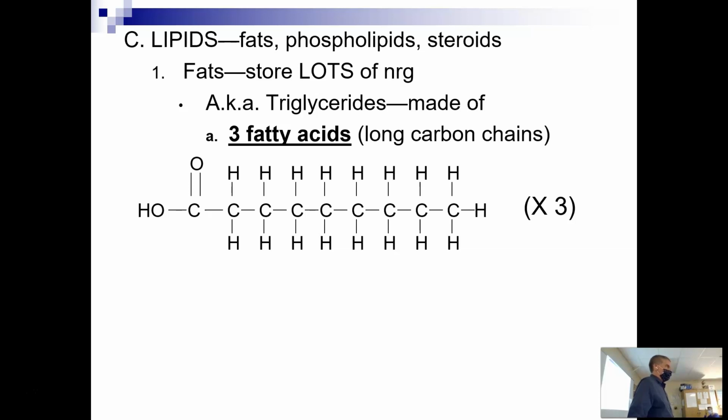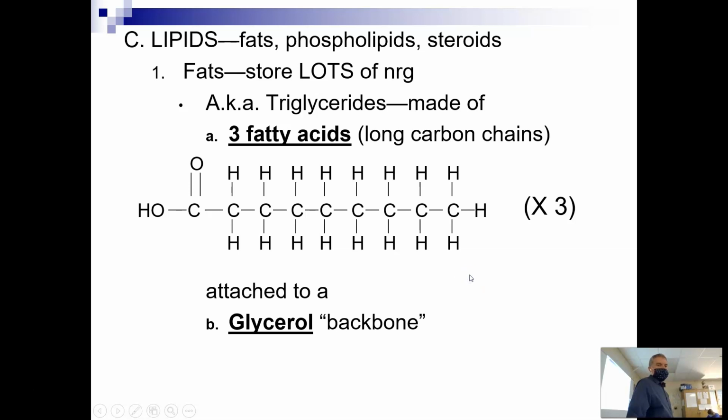Questions so far? So take 3 of those and 1 glycerol. The ending on glycerol maybe tells you something. We've seen that ending before, an -ol. What functional group might you be expecting to see? Allie?